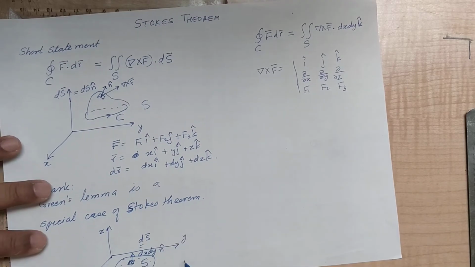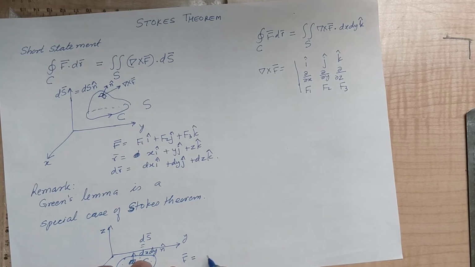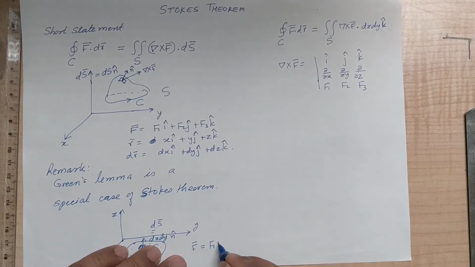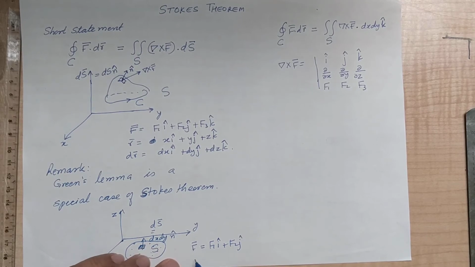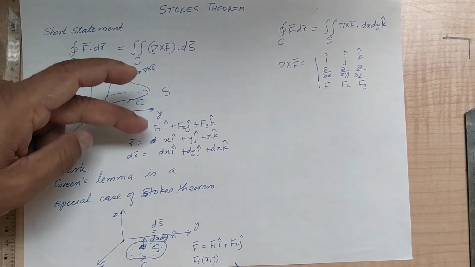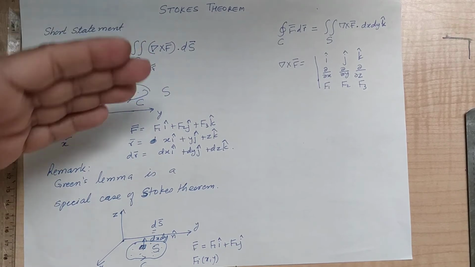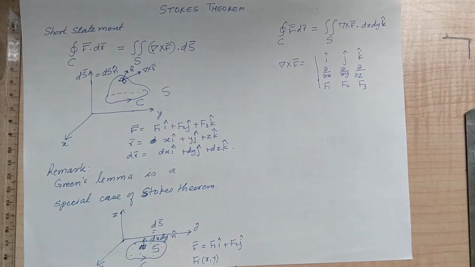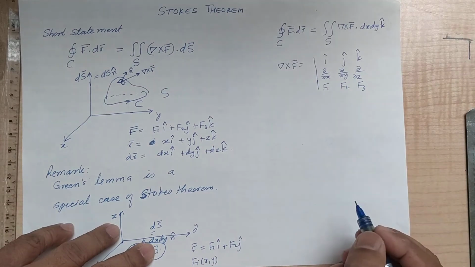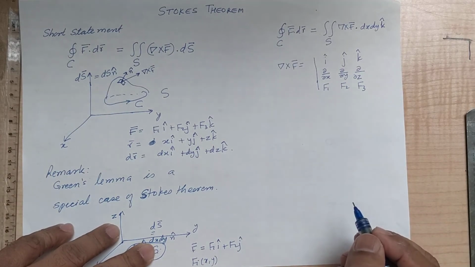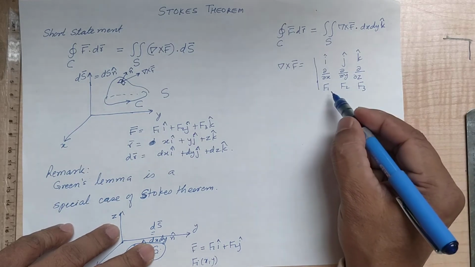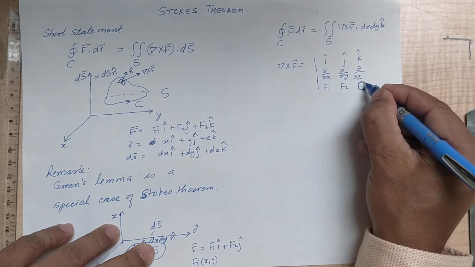So now in this case, the vector field F bar is F1 i plus F2 j, where F1, F2 are functions of just x and y. But here F1, F2, F3 are functions of x, y, and z. All right. So if I have to come from this situation to this situation, I can put z equal to 0, and also I can put F3 equal to 0. Okay. So there will be no z in F1 and F2, and F3 is 0.